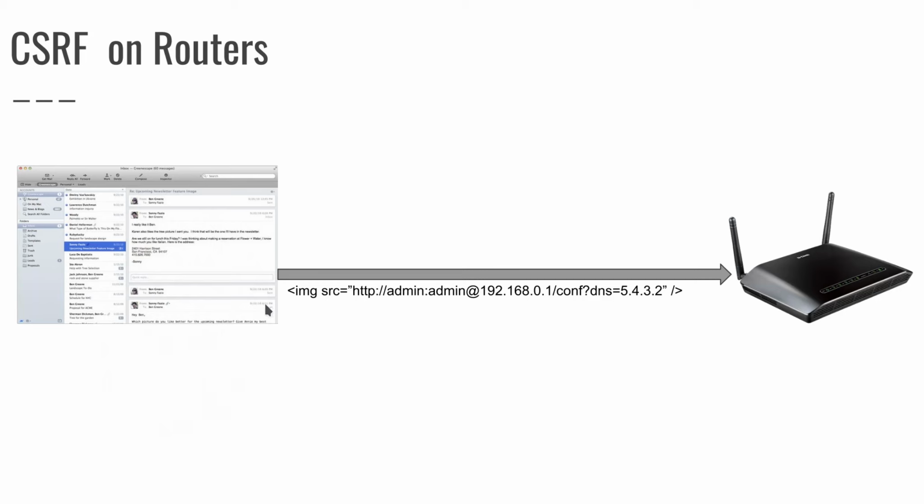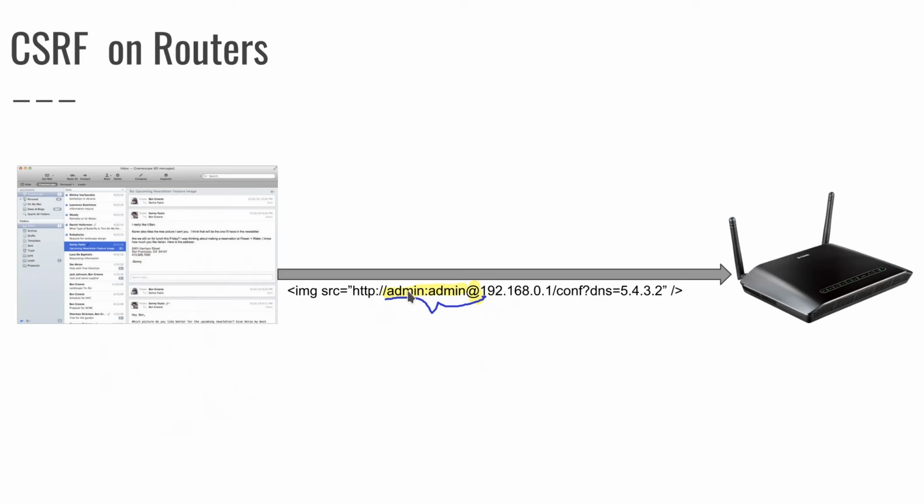So what an attacker would do is embed an image in an email with a URL something like that: admin@. If that doesn't tell you much, this is how you can write credentials if you log in via HTTP. So this URL uses the username admin and the password admin for the typical IP address of a home router.